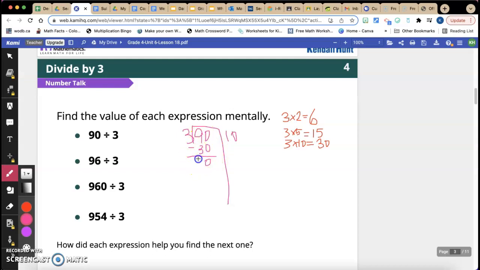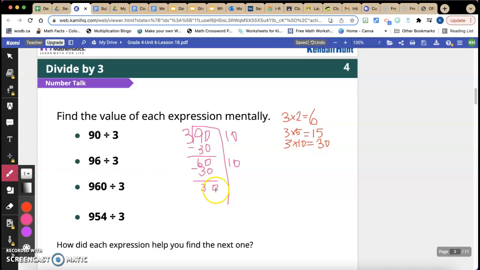9 minus 3, 6. Closest I can get to 60 when I have 3 with my fast facts is, again, 10 times 3, which is 30. 0 minus 0 is 0. 6 minus 3 is 3.